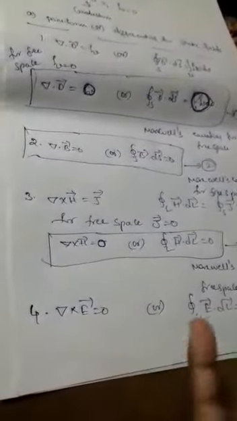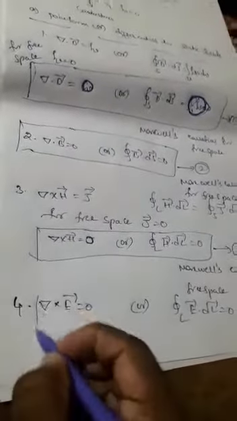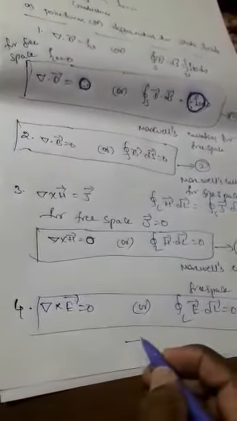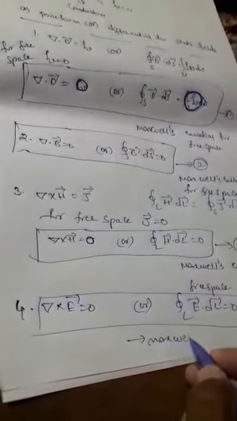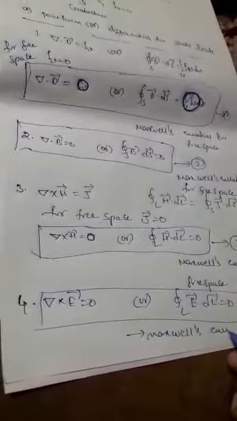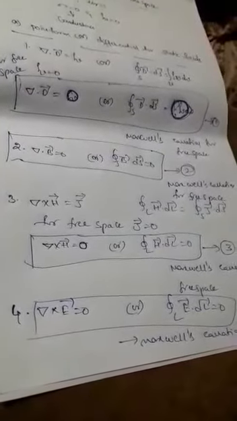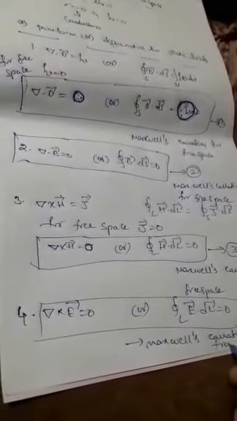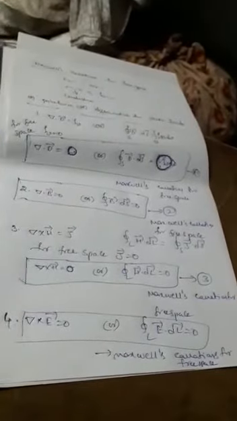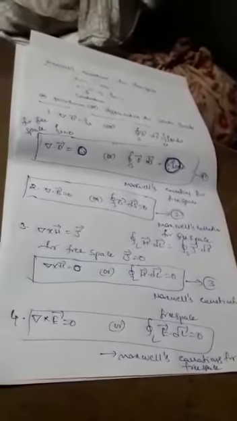For free space also like this, which is the Maxwell's equations for free space. So these are the Maxwell's equations for static fields in a free space.